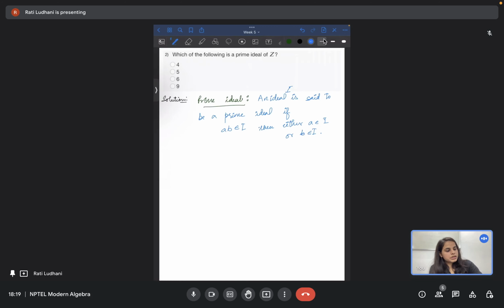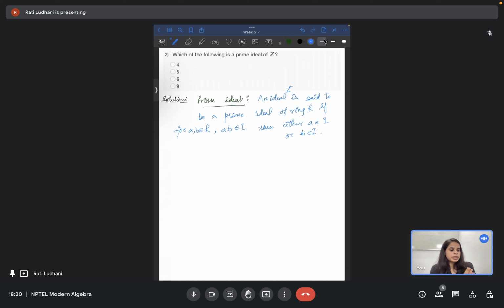And I should start with a, b belongs to the ring R. That is, I is a prime ideal of ring R if for a, b belongs to R, ab belongs to I, then either a belongs to I or b belongs to I. One of them has to be inside your ideal.